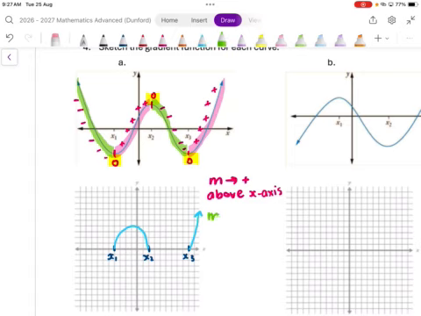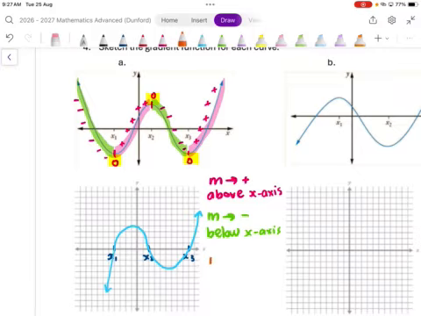What we then have is if our gradient is negative, it's below the x-axis. So from negative infinity to x1, it's below our x-axis, and between x2 and x3, it's below our x-axis.